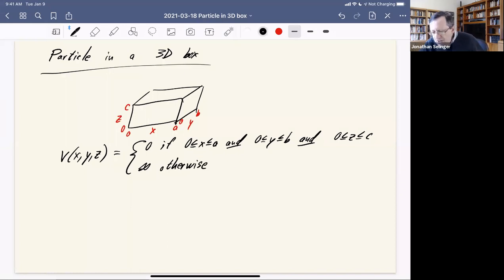This potential for sure is going to keep a particle inside of that box.